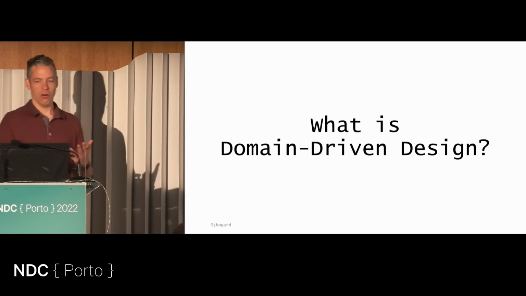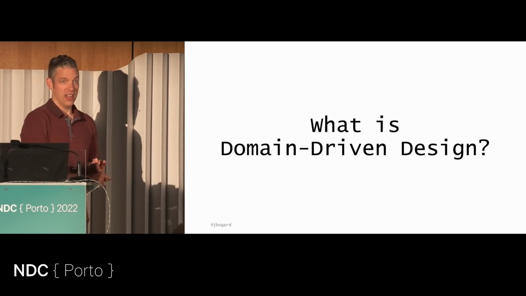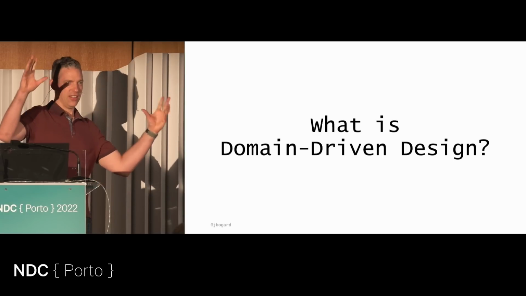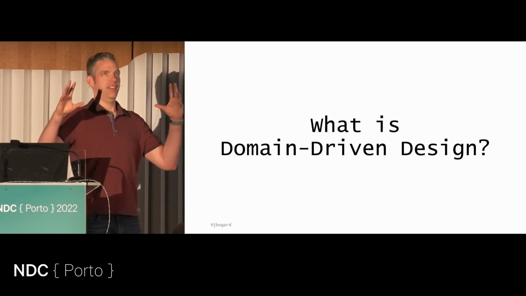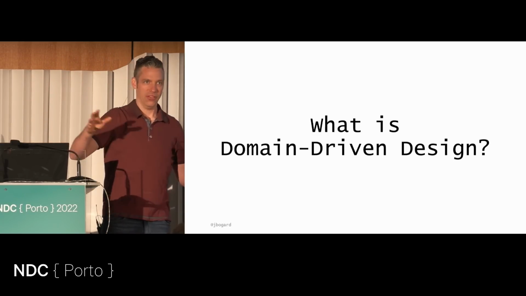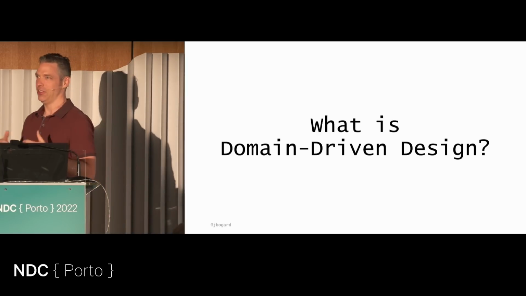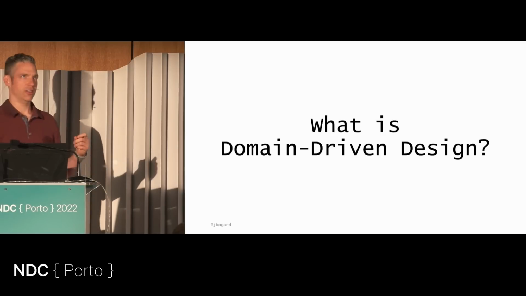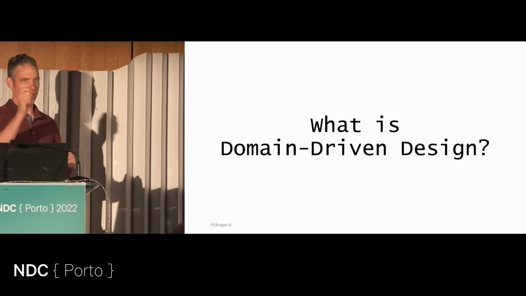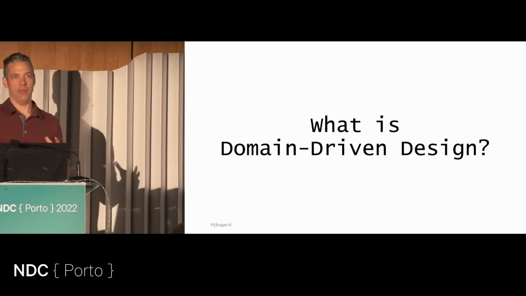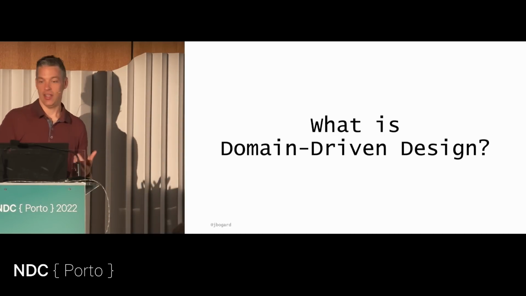There are three important parts of that. This is the distillation. We're taking the complexities of the real world, and we're not trying to map the exact, down to the atom, things that happen in the real world. Or if there are processes, we're not trying to capture every single step. So we're being selective about picking this part and this part and this part, and then explicitly modeling those concepts in the software that we build.